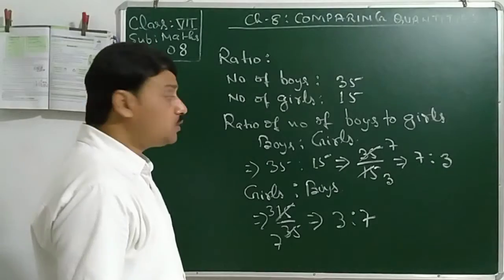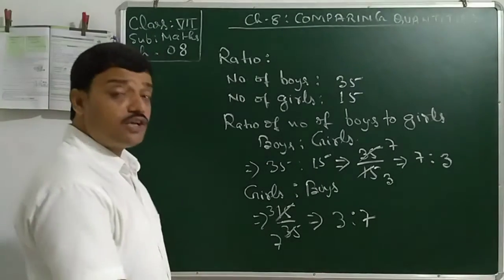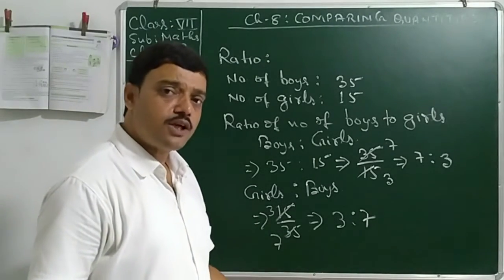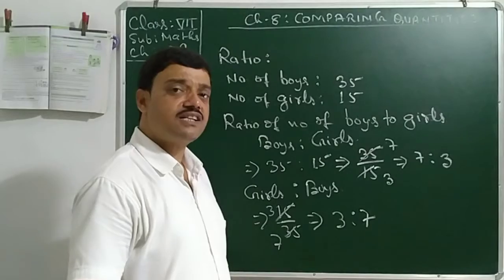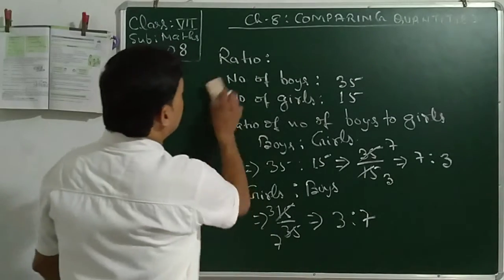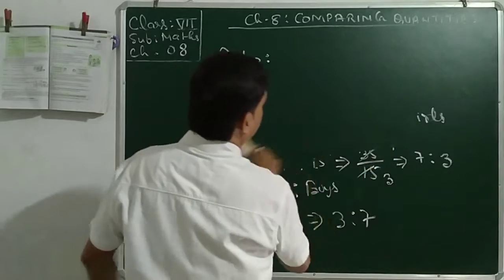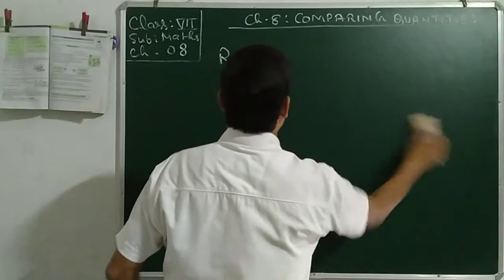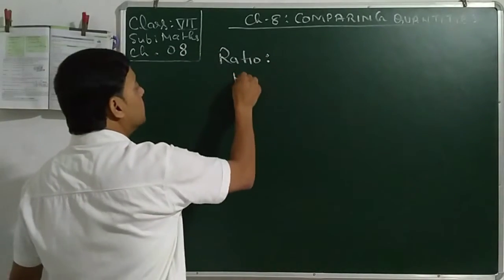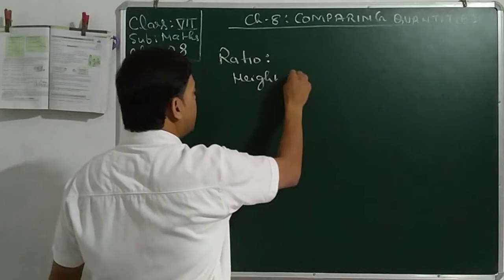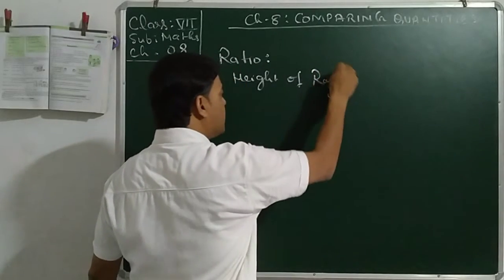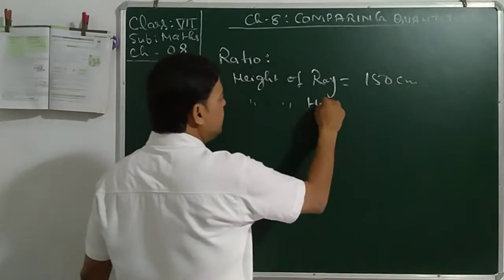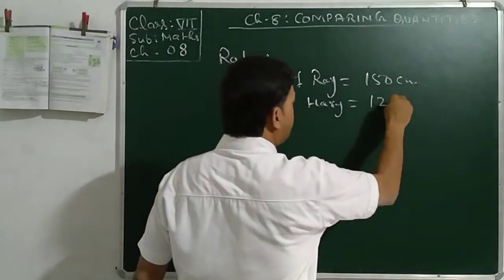Now come to the comparison of ratios. As I had explained the ratio, in this way you can find the ratios of different things. Say if you are given the heights of two students and you are asked to find the ratio of their heights. Say the height of Raj equals 150 cm and the height of Harry is 125 cm.